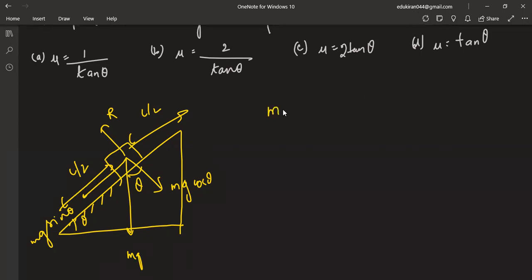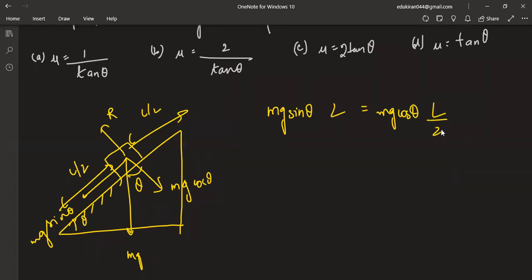Mg sin theta multiplied by L, this is how we write work: force into the displacement. Now this is equal to the frictional force that is acting, which is mg cos theta, but L by 2 this time.